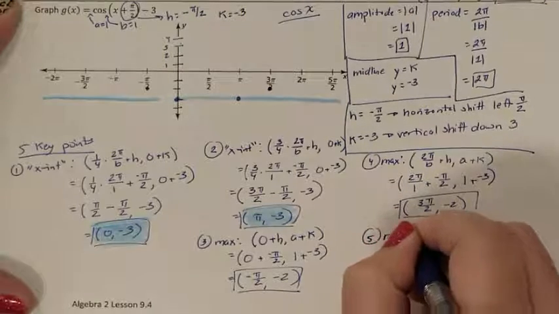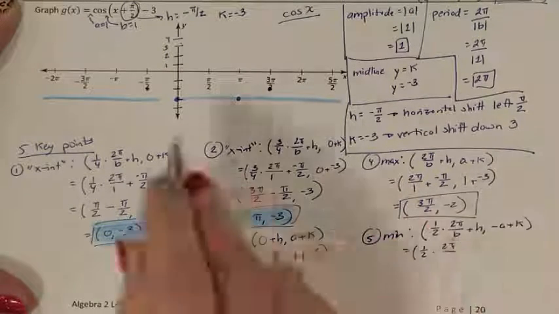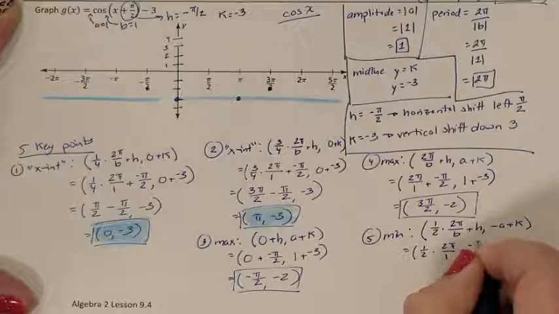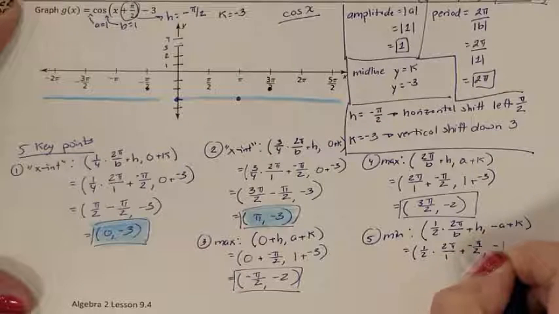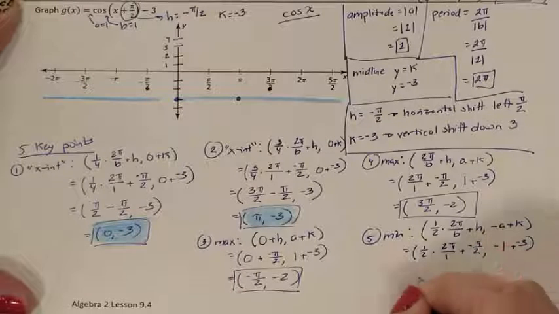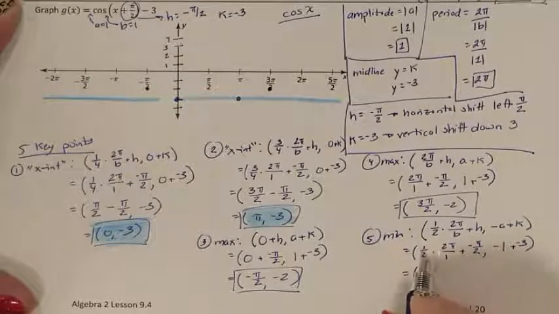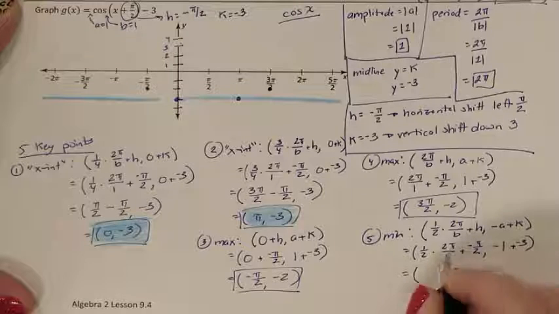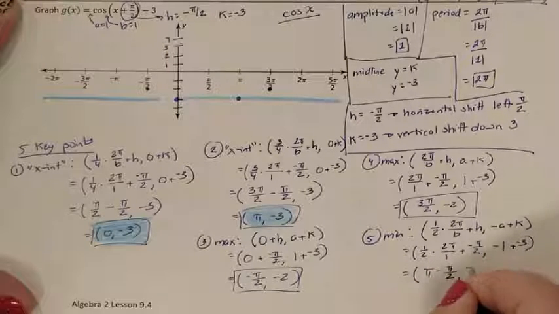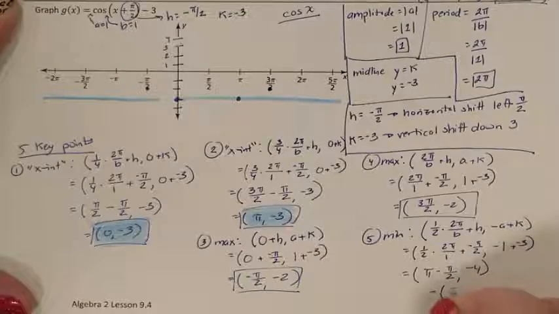Last and final point is your minimum. My b value is a 1, my h is a negative pi halves, a and k. This portion of the problem gave me pi. Now I'm supposed to be subtracting a pi halves. So my point is pi halves, negative 4.